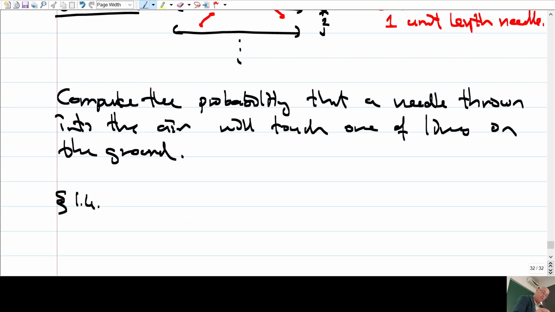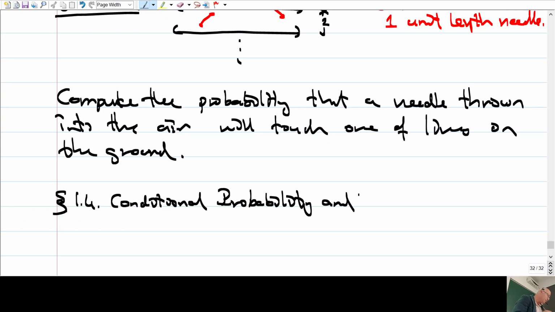Section 1.4 is so-called conditional probability and independence.